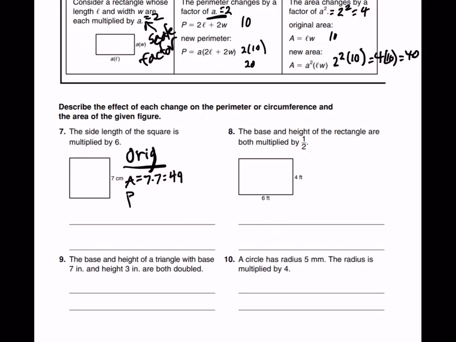My original perimeter would be 7 plus 7 plus 7 plus 7, because that's all the way around, which would be 28. And then my new values would be the following. With my area, we're going to multiply by not just A, but A squared. In this case, A is equal to 6. This is my scale factor.